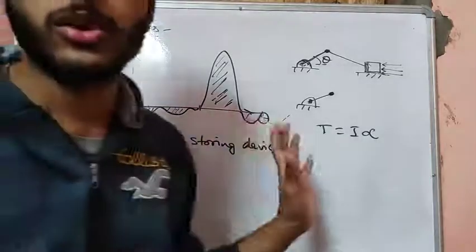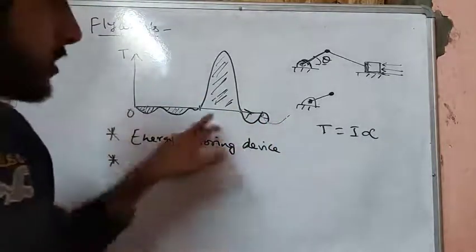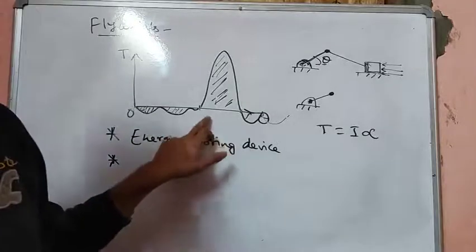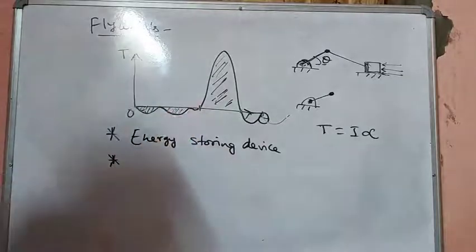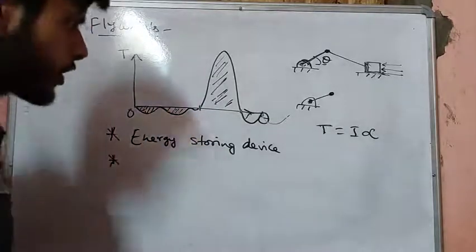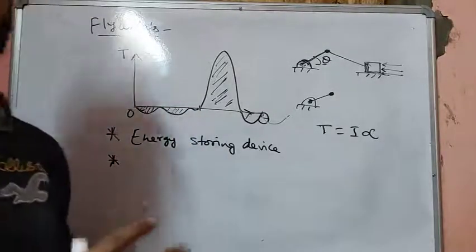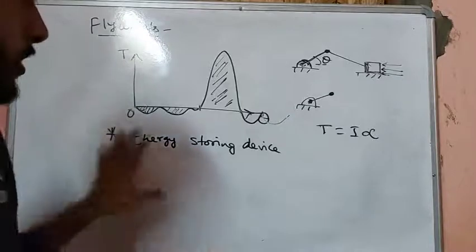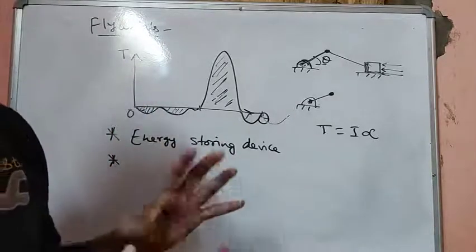When a machine like an engine is operating, these kinds of changes, a sudden change in angular velocity, are basically undesirable. We generally want our angular velocity to be limited to a certain extent. So a flywheel is a device which can store energy and which has a very high inertia.